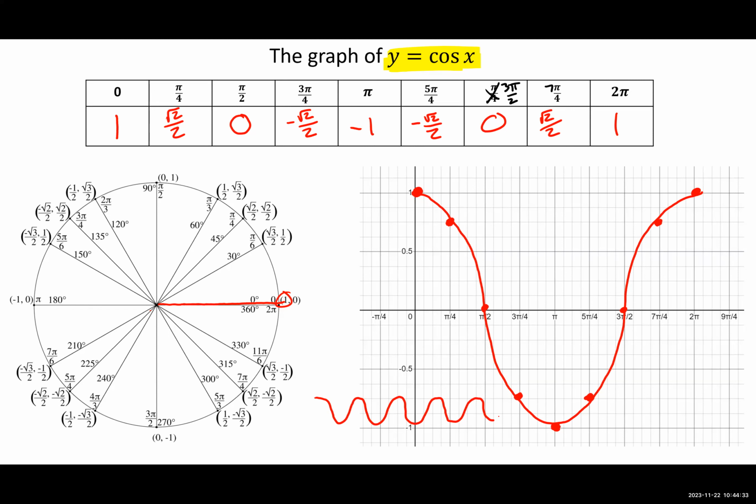Every stretch of 2 pi, you get one exact copy of this graph. From 0 to 2 pi, it looks like this. From 2 pi to 4 pi, an identical copy. From 4 pi to 6 pi, another identical copy, and so on, and also in the negative direction. Every stretch of 2 pi in the domain, you get one full cycle of the function values.